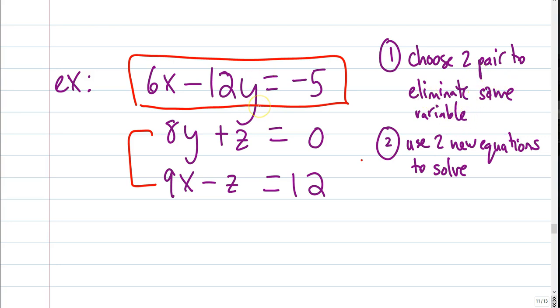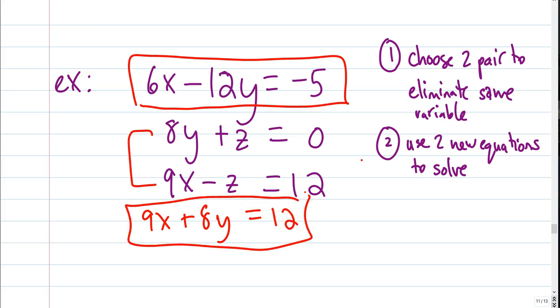That is already missing the variable z. So that's already one where the variable's gone. If I take these two and add them, I would get 9x plus 8y, the z's cancel, equal 12. Now I can use these two to eliminate another variable. See, this is all step one. It doesn't have to be a big complicated process, okay?